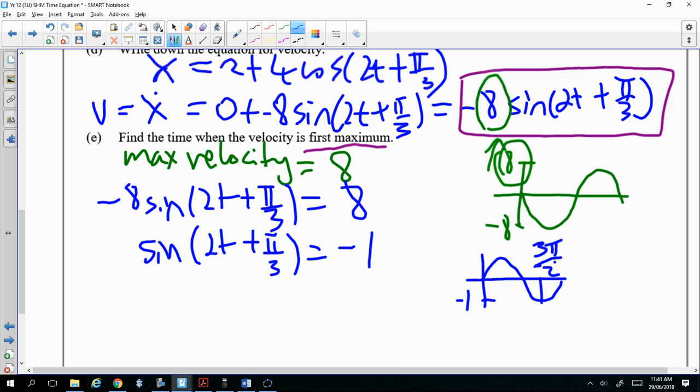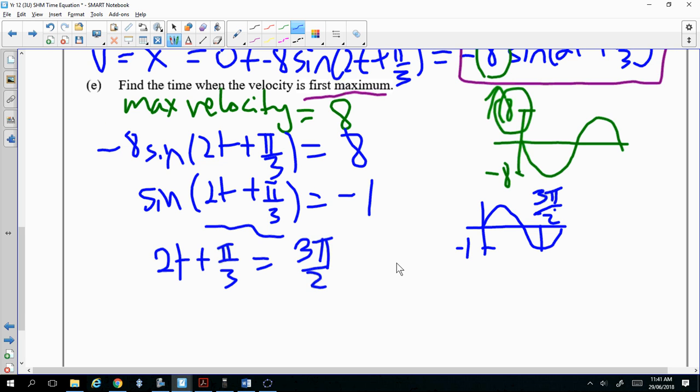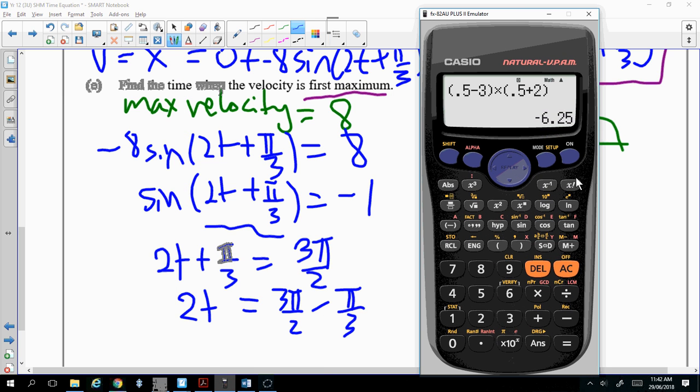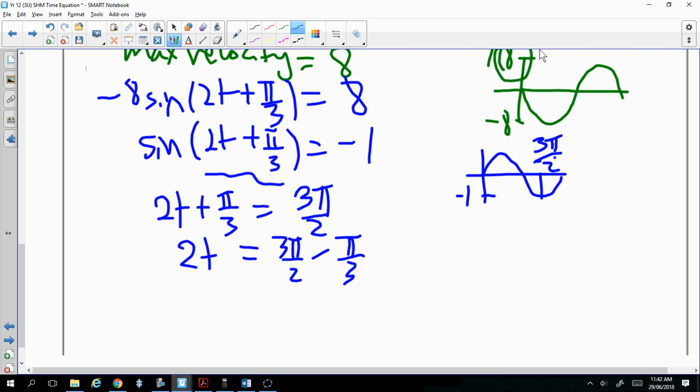So 2t equals 3 pi on 2 minus pi on 3, using your calculator: 3 over 2 minus a third, which is 7 pi on 6. So therefore, t equals 7 pi over 12 seconds. So the first time you reach maximum velocity is after 7 pi over 12 seconds.